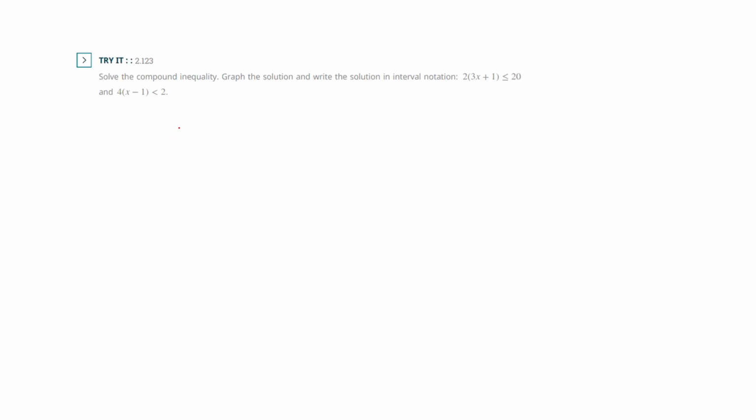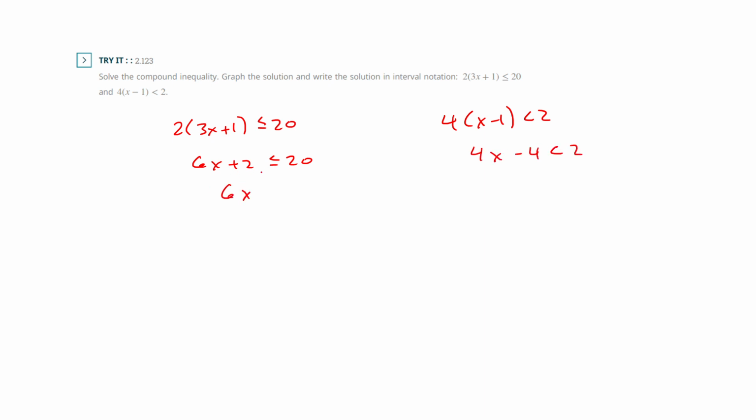Okay, try that here. I'll show you another one if you want to see this, or you can try your own. So I'm going to distribute here. Okay, so 6x. Now I'm just going to go for it again, dividing both sides by 6.